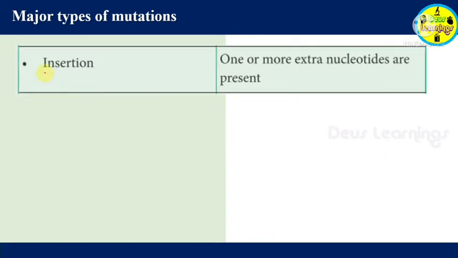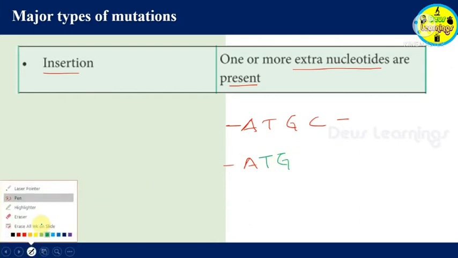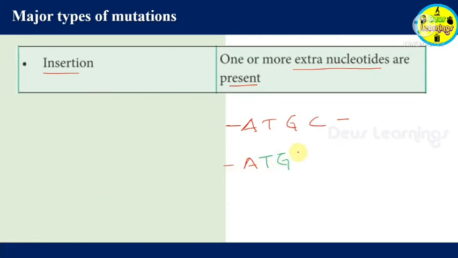Then insertion. Insertion is when one or more extra nucleotides are added. Let's take the same example, A, T, G, C, and for instance, here I added two nucleotides, T, G, C. So we added two nucleotides, that will be insertion.